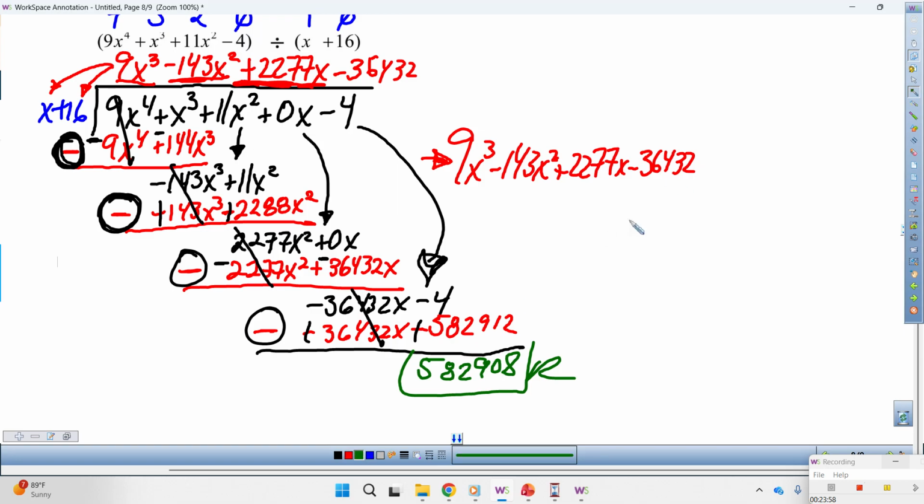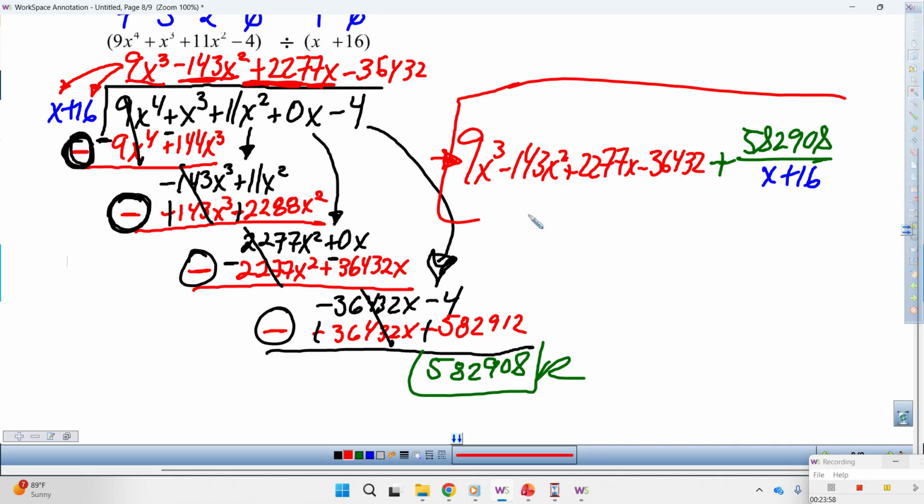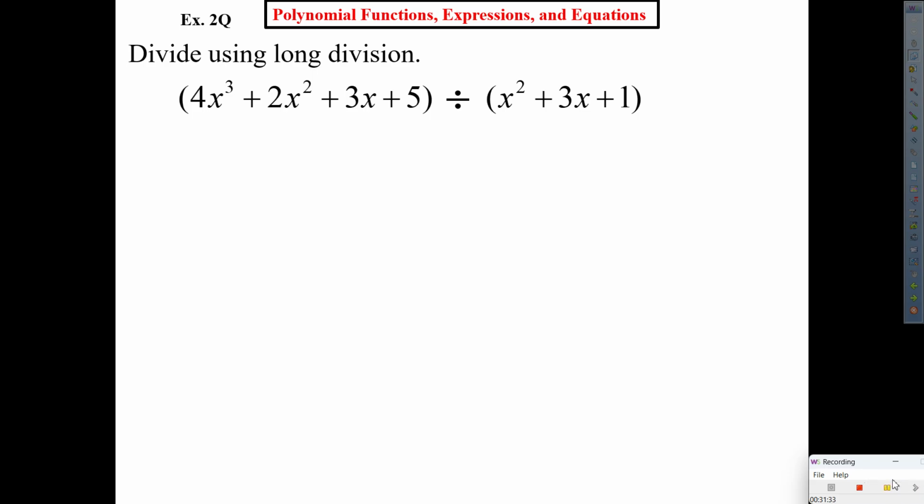Plus our fraction, 582,908 over x plus 16. And this is our quotient. All right, send that in, please. Write that down.